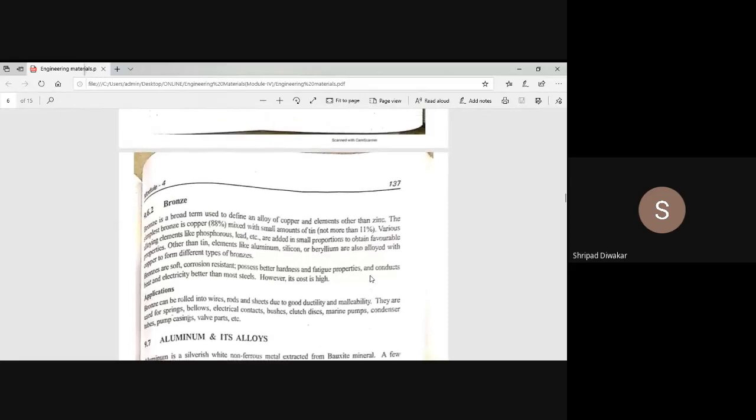Brass and bronze are costlier than steel materials. Then where is it used? Bronze is mainly used for electrical contacts, spring structures, bushes, clutches, and marine pumps.